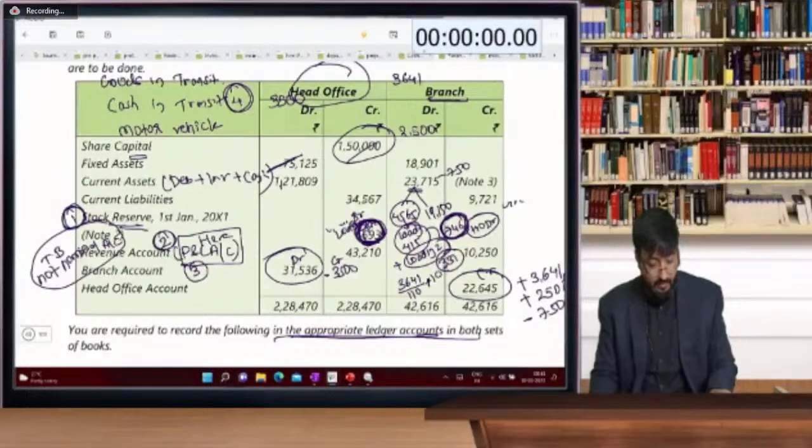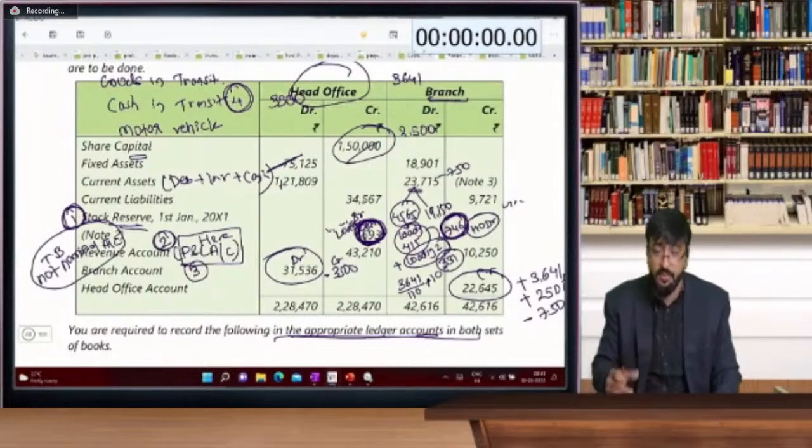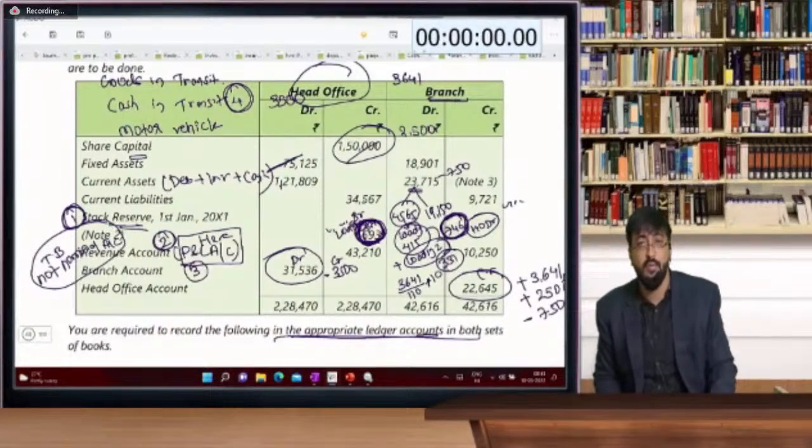No Pooja, no need to rewatch. You recall these concepts with me only. You tell me, beta, which accounts have to be opened in case of branch books.